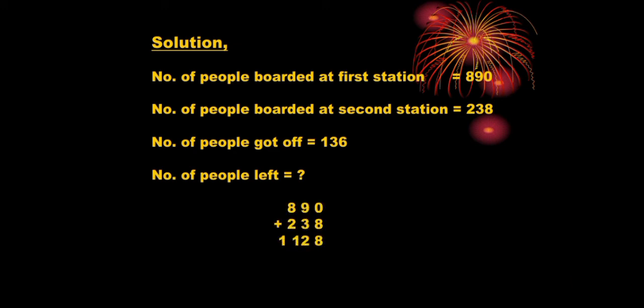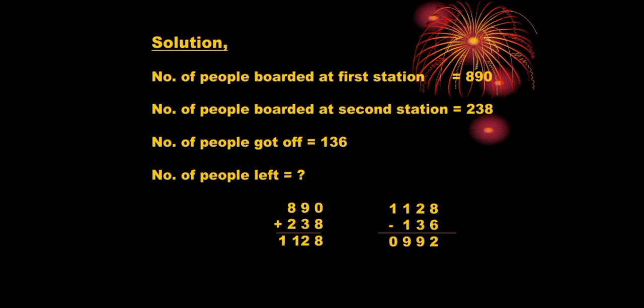So that is equal to 890 plus 238, adding the people of both stations. My answer is 1128. Now subtract number of people got off from this total, that is 1128 minus 136, which is equal to 992.